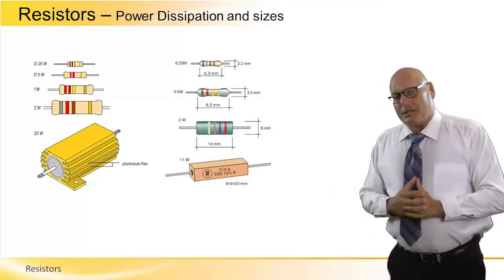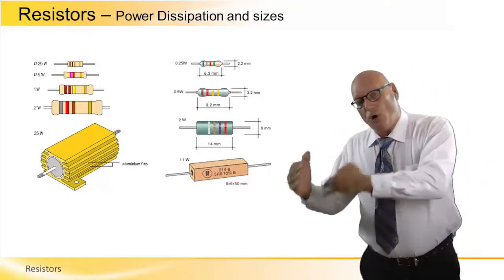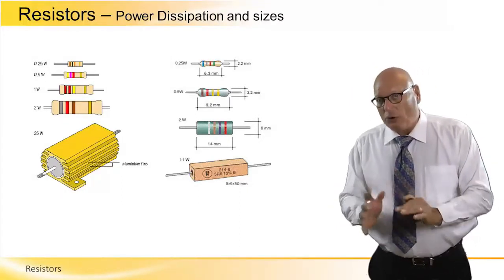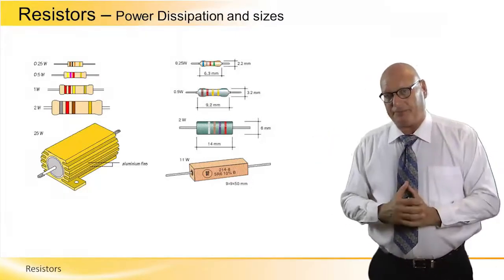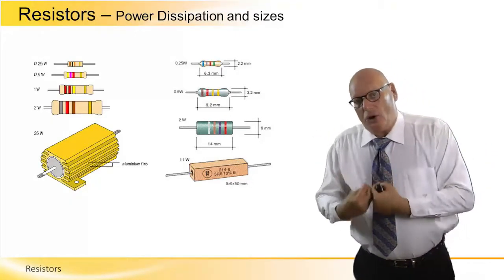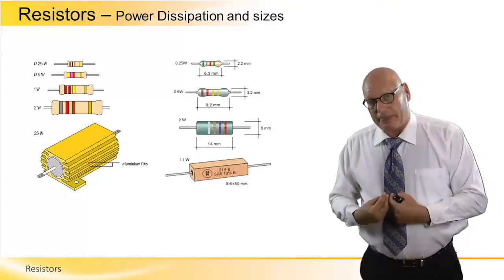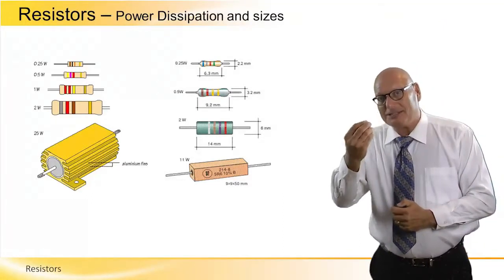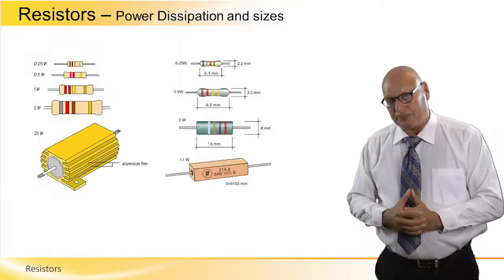Power dissipation and sizes. Now in resistors, we actually look at low power, mid power, and high power resistors. And it's all to do with the ability to dissipate heat. In low resistance resistors, the current actually is very high, because a resistor by its nature is to limit the current that flows through.